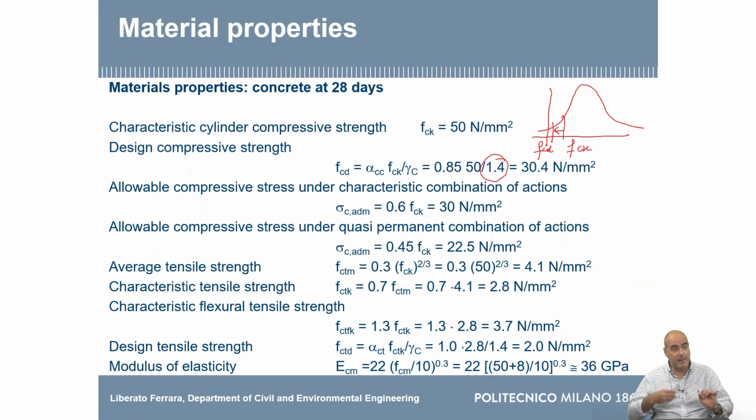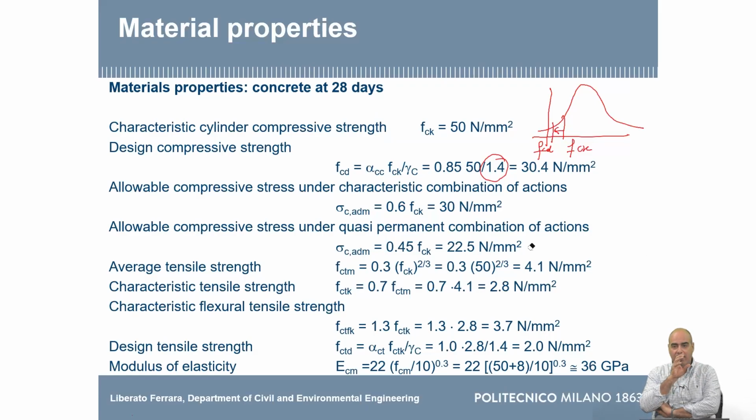Okay, for serviceability limit states, we have two stress limits in concrete. Let's start from the lowest one: 45% of the compressive strength. This limit is not truly a limit of the material. The material can go higher.